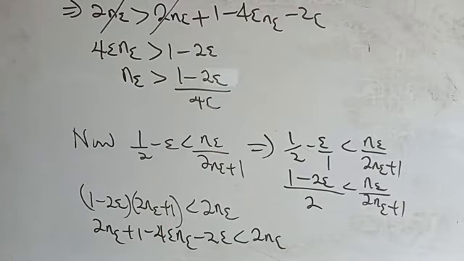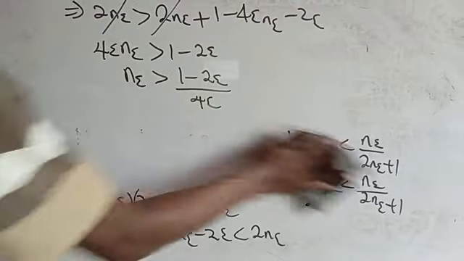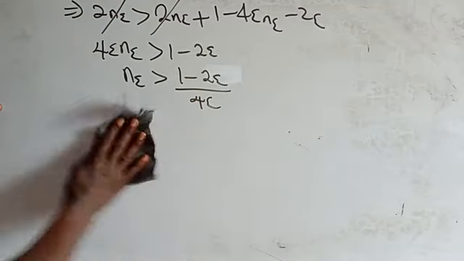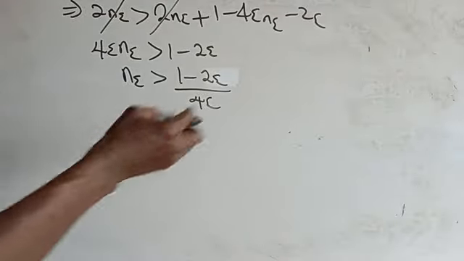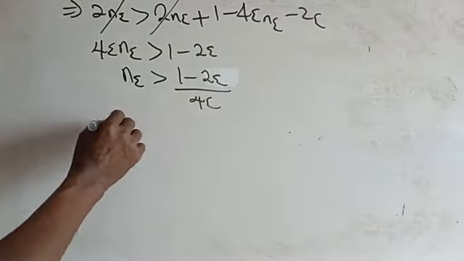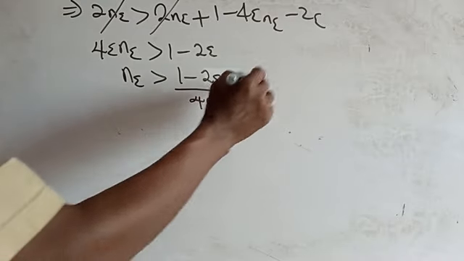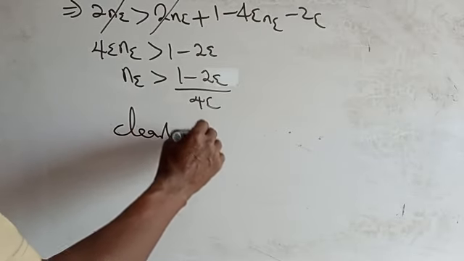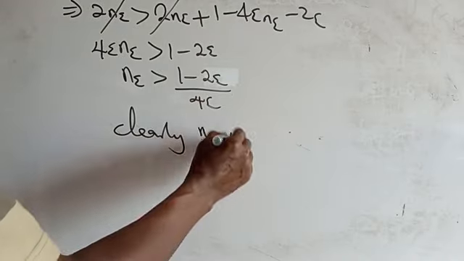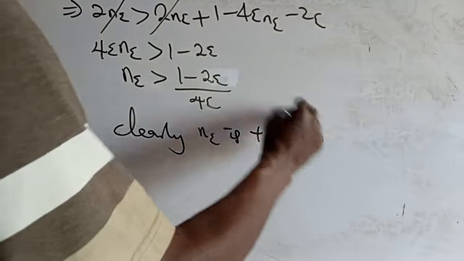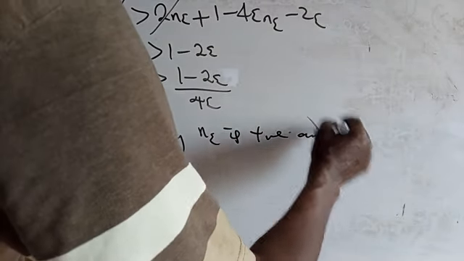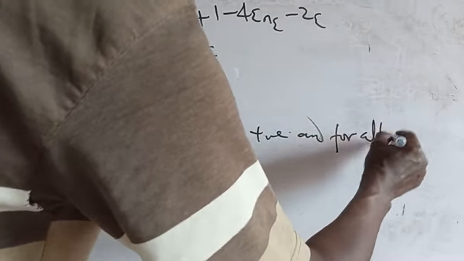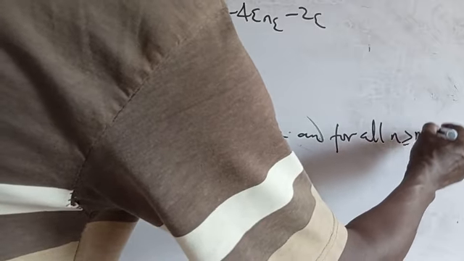That's very good. So for this to happen, we have been able to get our n epsilon to be positive. So clearly, n epsilon is positive, and the supremum has been gotten for all n greater than or equal to n epsilon.